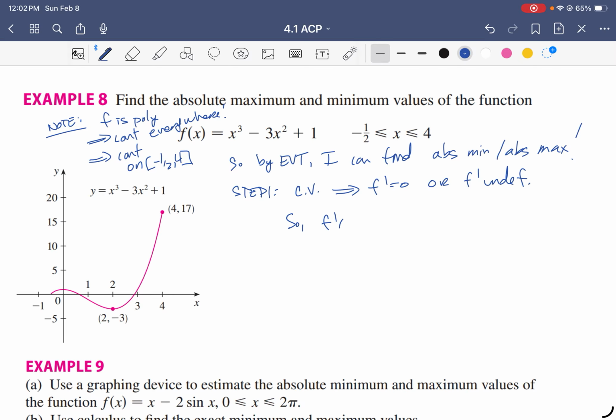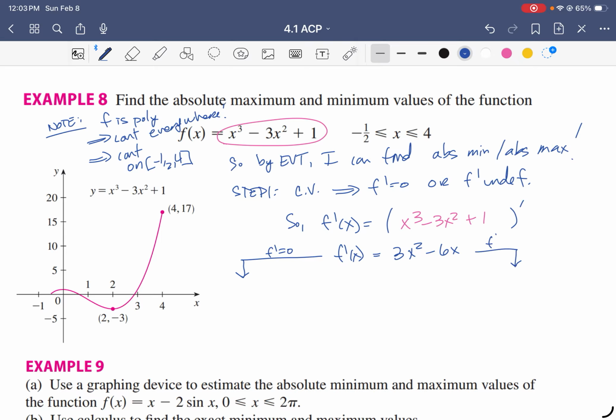The derivative of x cubed minus 3x squared plus 1 is 3x squared minus 6x, and that's it. So I now need to figure out where the derivative equals 0 and where the derivative is undefined, or does not exist.